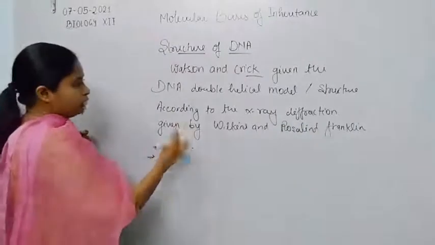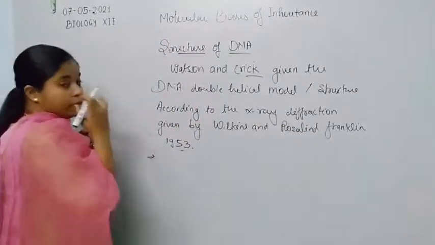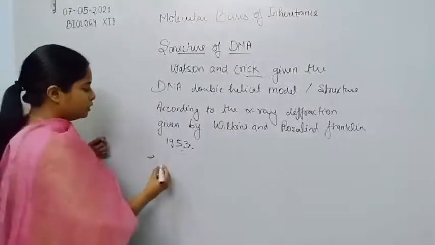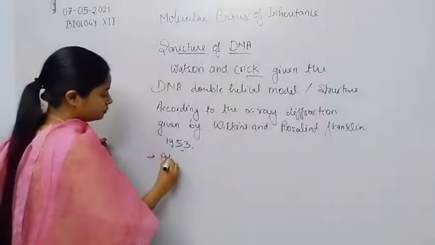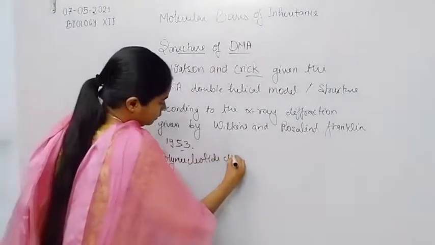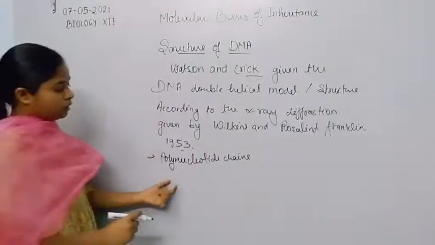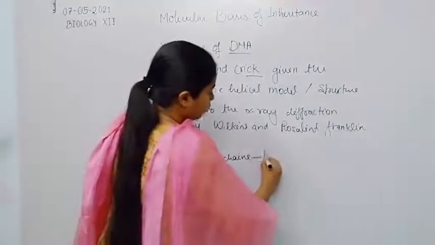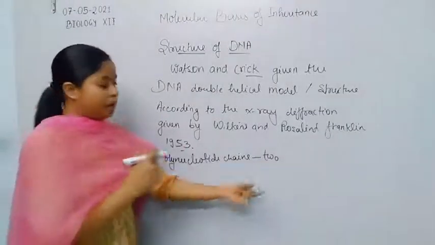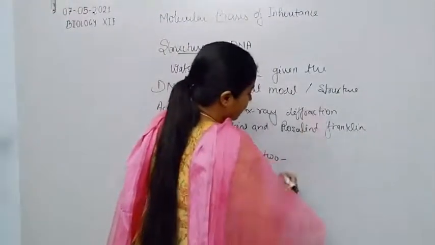So what are the salient features of the DNA molecule? The DNA molecule is formed by two polynucleotide chains, and both are anti-parallel in direction.